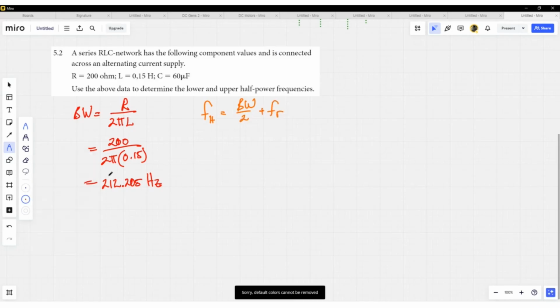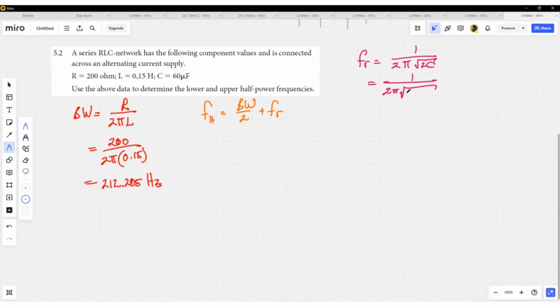The resonant frequency we can calculate as well. That's going to be 1 over 2 pi square root LC. That's 0.15 times 60 times 10 to the minus 6 under the square root there.